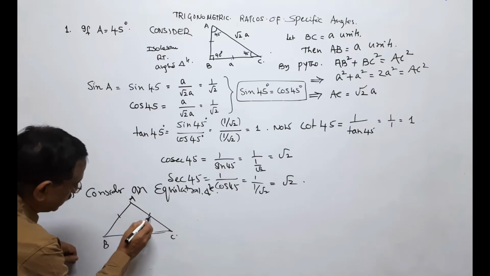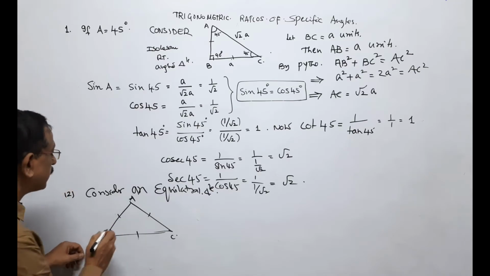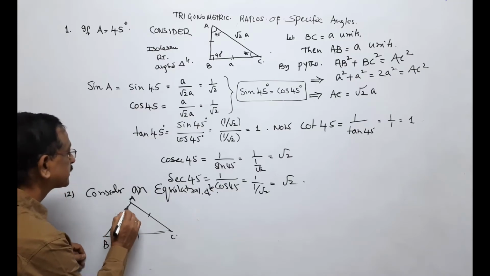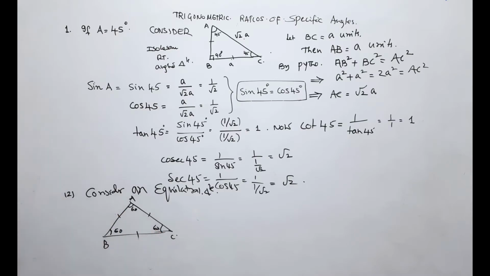That means the angles opposite to the sides are equal, so this is 60, 60, and 60, because the sum of the angles in a triangle is 180, so each should be 60.